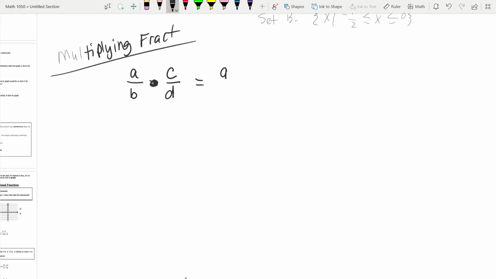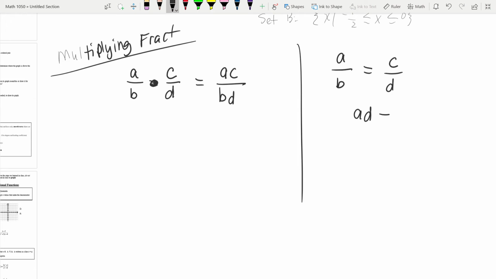So a times c is ac, b times d is bd. You do not cross multiply. You guys, the only time you cross multiply is if there's an equal sign in between. That would be a times d equals b times c.